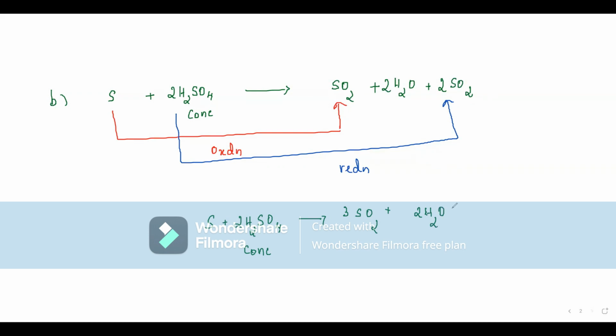I meant that you don't have to write separately which is the oxidized product and which is the reduced product. This explanation is just for you to understand that out of the 3SO2, one has come from sulfur by oxidation, and the other 2 are from sulfuric acid by reduction.